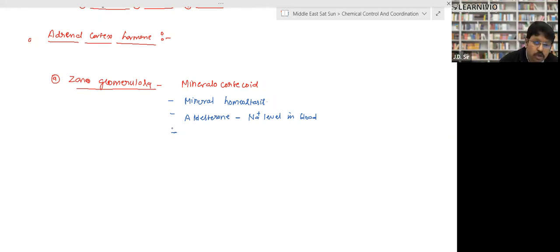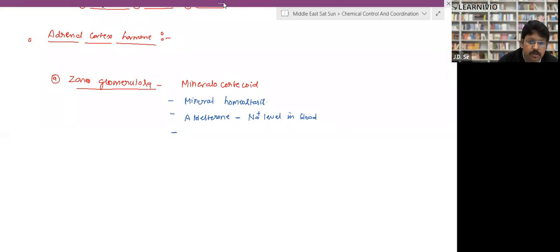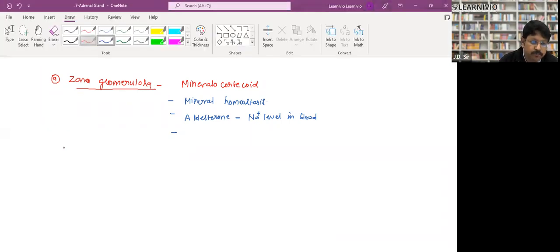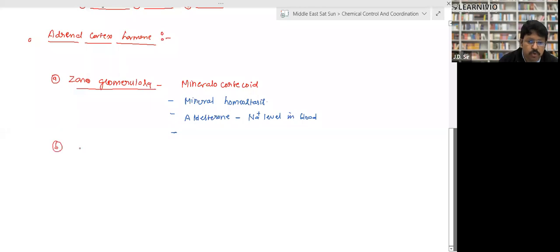Next, the second layer is the zona fasciculata, whose cells are fascicle-like.